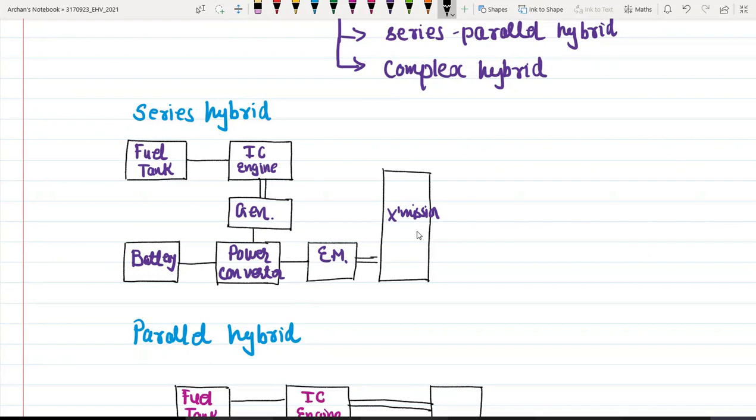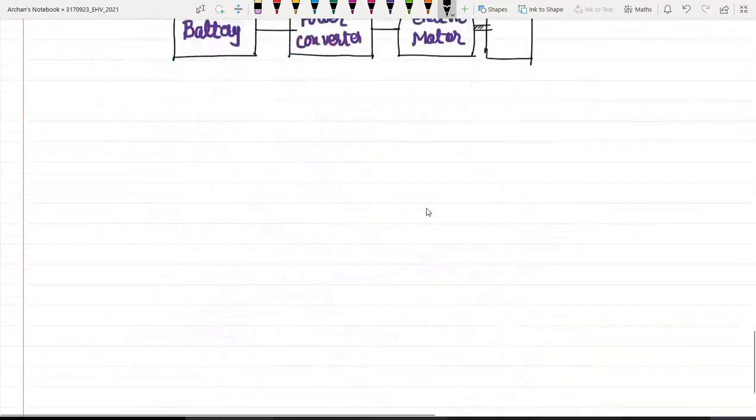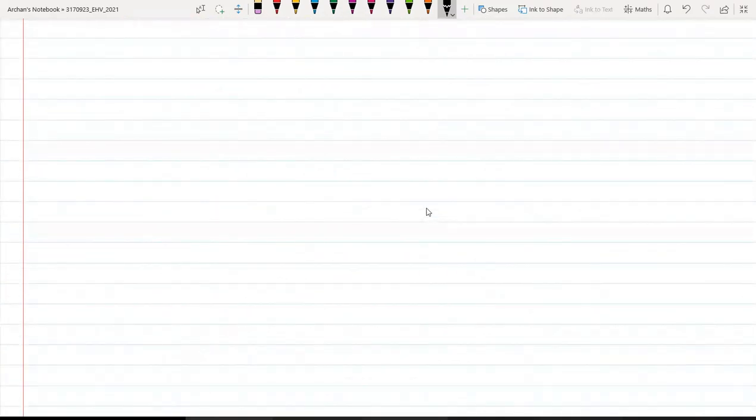The most commonly found series hybrid drivetrain is the series hybrid electric drivetrain, which is shown in the block diagram. Let me try to draw the block diagram for this. We will talk about the general block diagram only.